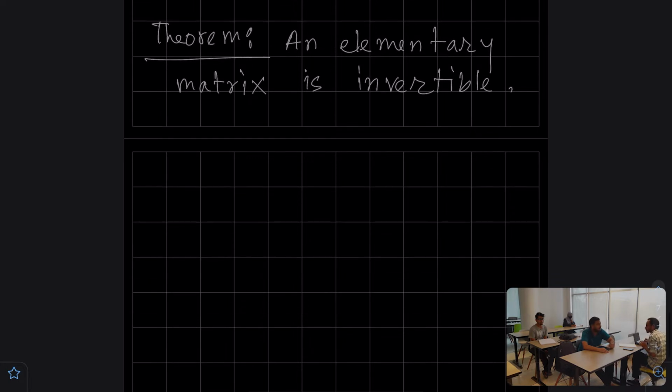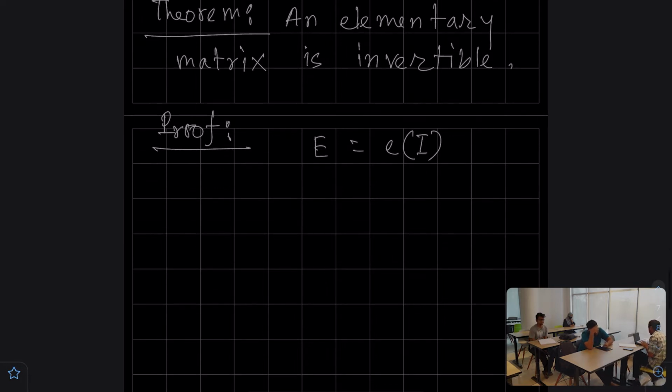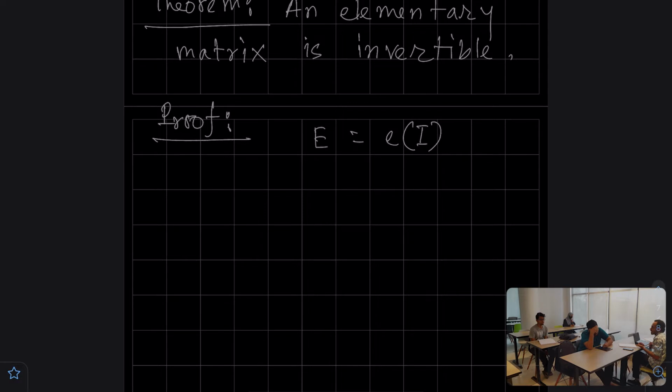So we know there exists an inverse of an elementary row operation. The sketch of the proof is something like this. What is the definition of an elementary matrix? E equals some elementary row operation applied to the identity matrix, right? And we're not considering a specific elementary matrix.